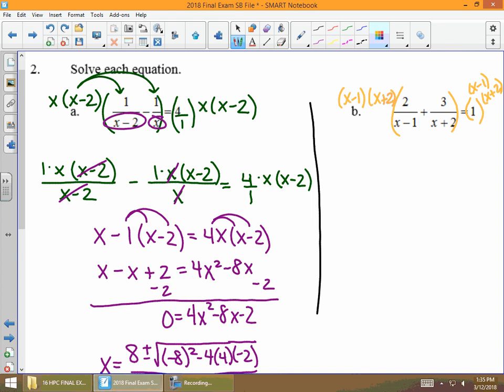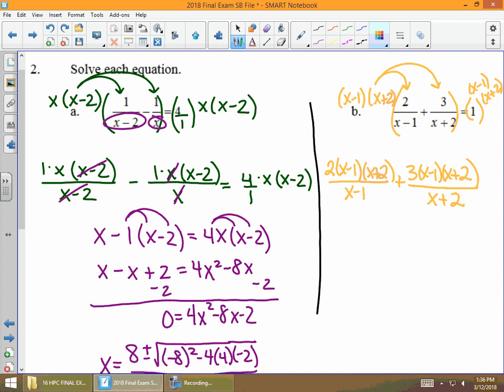It would not be legal to do if I just had an expression, not an equation. Okay, so I'm going to have 2 times x minus 1 times x plus 2 all over x minus 1 plus 3 times x minus 1 times x plus 2 all over x plus 2.